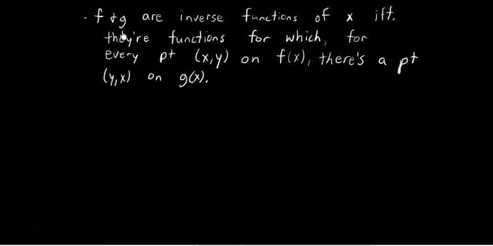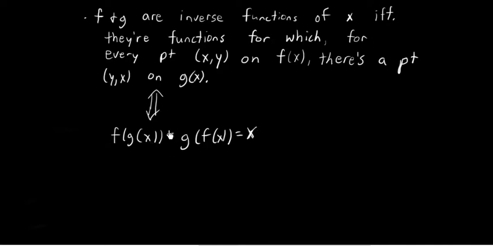We say that f and g are inverse functions of x if and only if they're functions for which for every point x, y on f of x there is a point y, x on g of x. This is equivalent to saying that the composition f of g of x equals the composition g of f of x, which equals x.